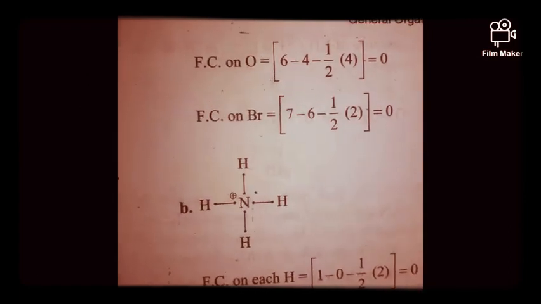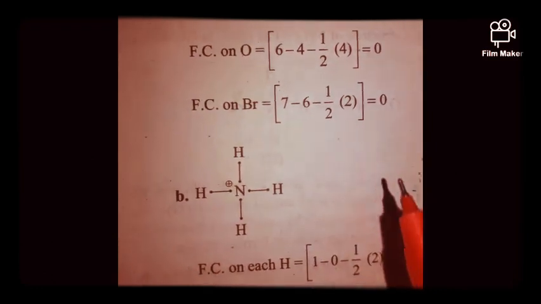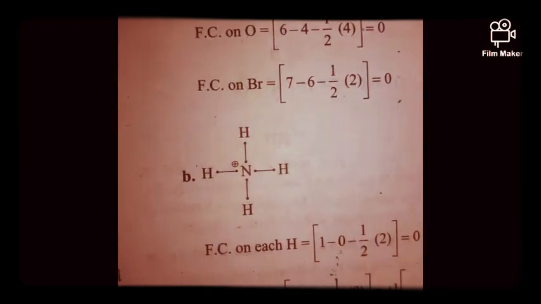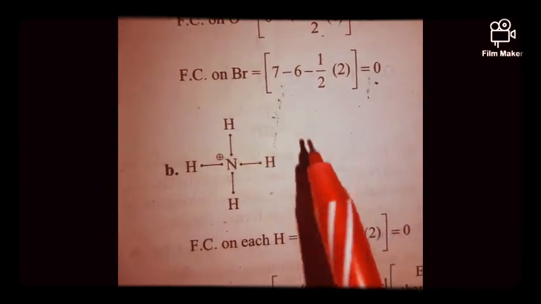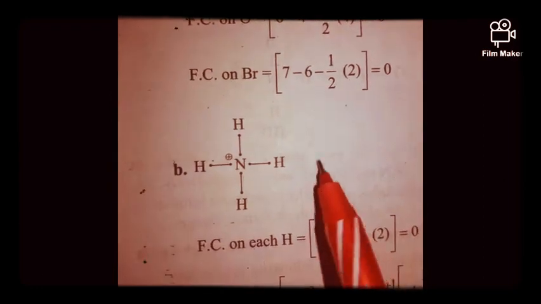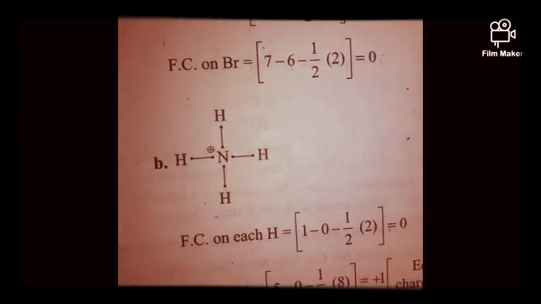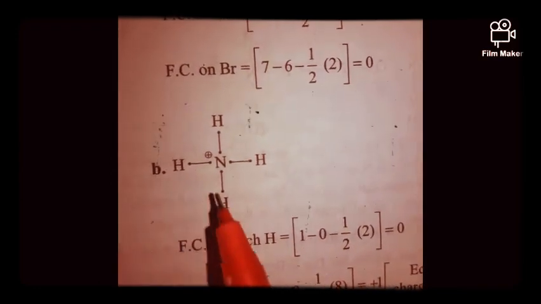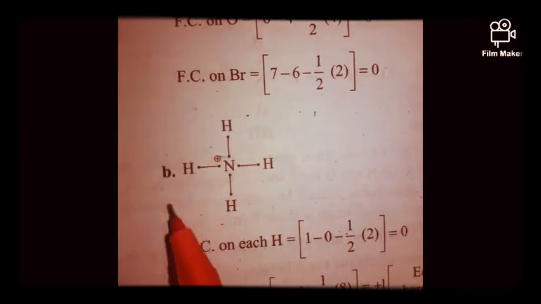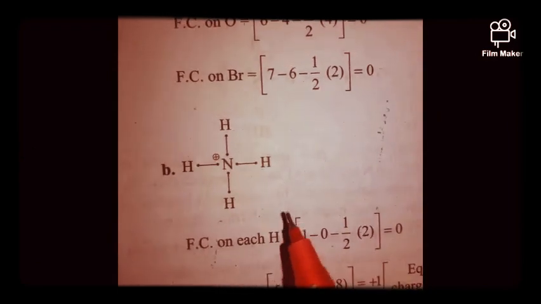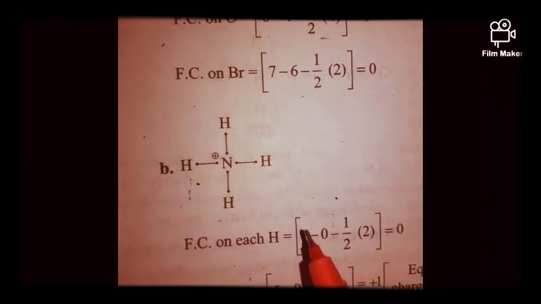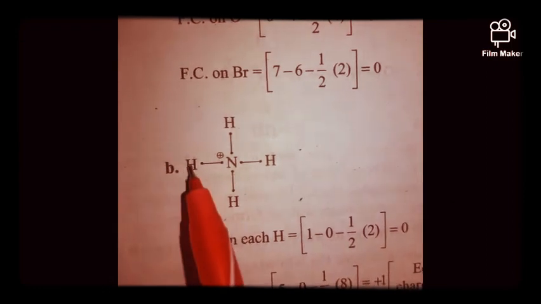Next, ammonium plus. Now let us find the formal charge. First, here we have 4 hydrogens. Of course these hydrogens are equivalent, so if we find the formal charge for one hydrogen then that is similar for all the hydrogens. We know hydrogen belongs to the first group. 1 minus the number of non-bonding electrons.